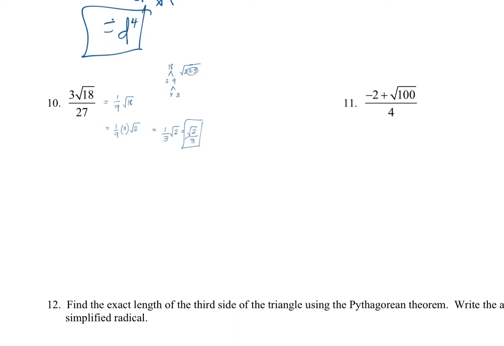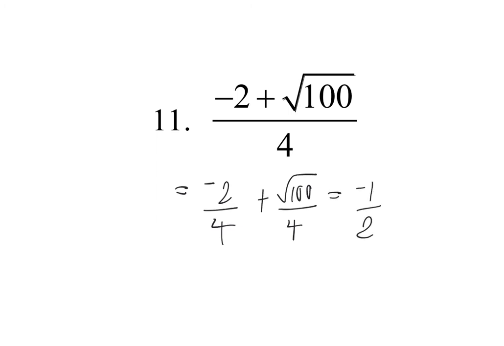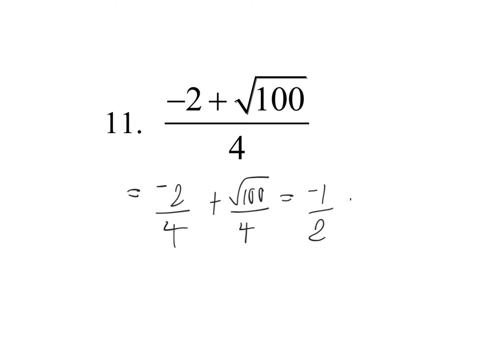Now, I can separate it if I need to. I can say -2 over 4 plus the square root of 100 over 4 equals, that's going to be -1/2, plus the square root of 100 is 10. 10 over 4 is equal to 5 over 2.